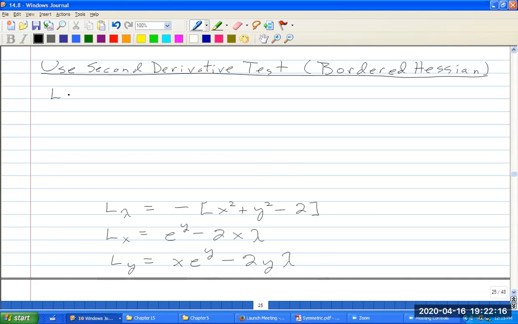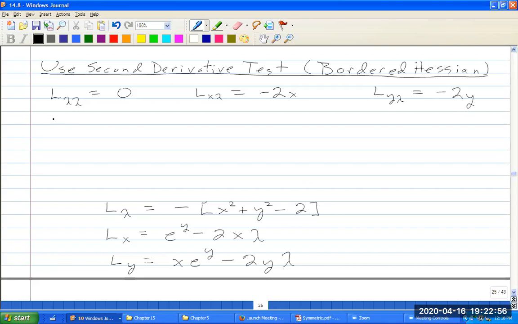So let's find L lambda lambda. Well, obviously this is not a function of lambda, so it's 0. Let's do L x lambda. And so that's a minus 2x. L y lambda. That's a minus 2y.